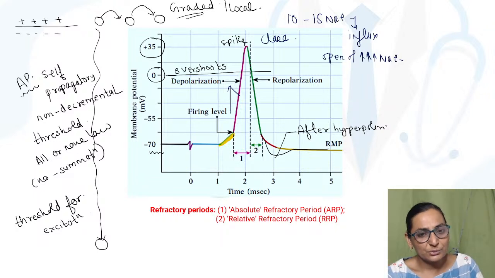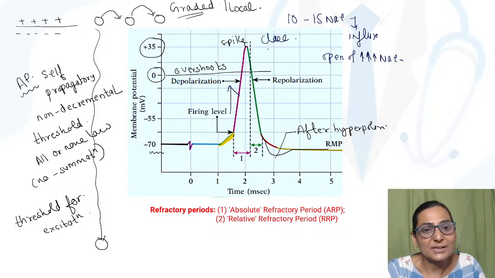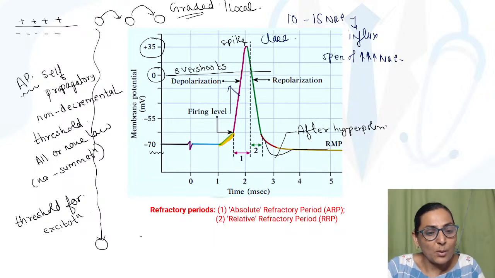Sodium will rush into the cell, increase the positivity, overshoot and reach plus 35. At plus 35, the sodium channels are very fast to close. They will close, but the potassium channels will now open. Right? Now, at plus 35, what is happening? The positive ions, that means the sodium, are not coming inside.